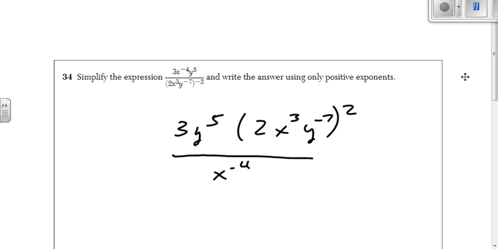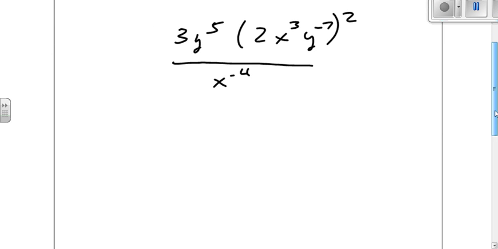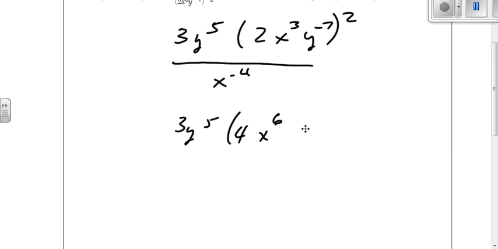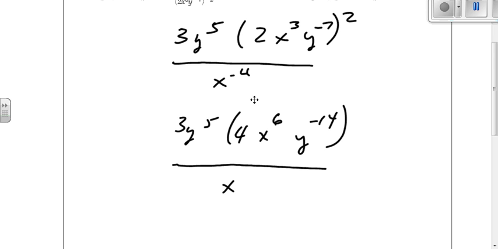Now, we need to fix that square. So what we're left with so far is we have 3y to the 5th times 4x to the 6th, y to the negative 14th, all over x to the 4th.